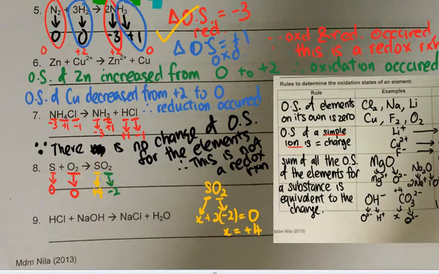So I'm going to write out the sentence here. Take a look. We will say that oxidation state of S increases from 0 to plus 4. Therefore, oxidation occurred.